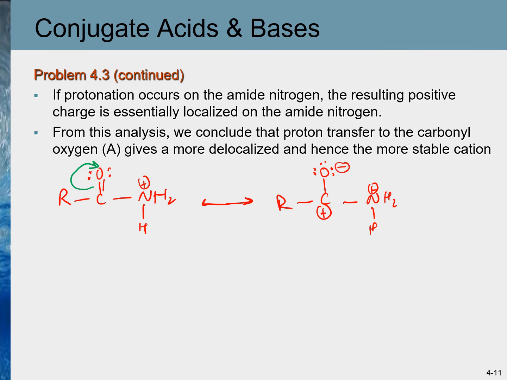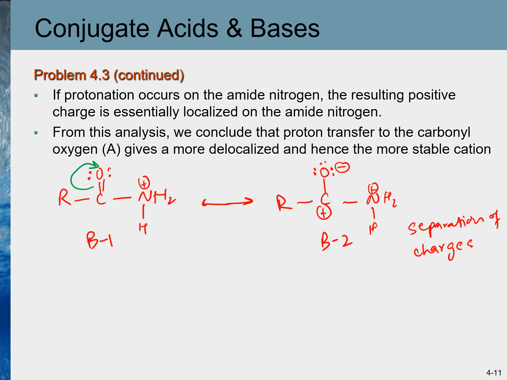So let's call this B1 and this would be B2. B1 is okay, all octets are complete. However, in B2, we have separation of charges, too many charges. That's what I'm trying to say.